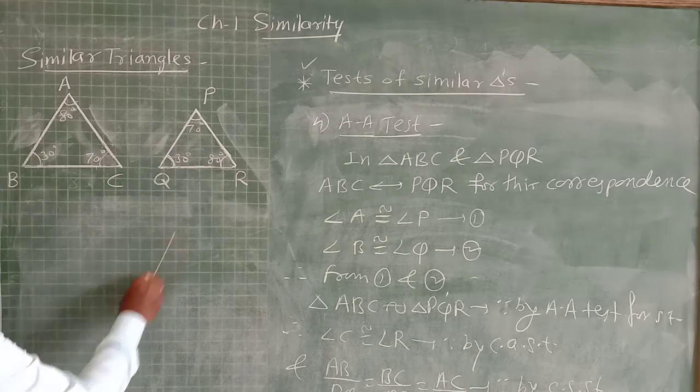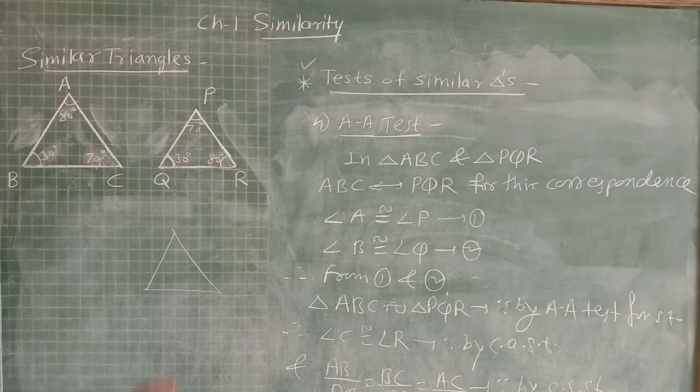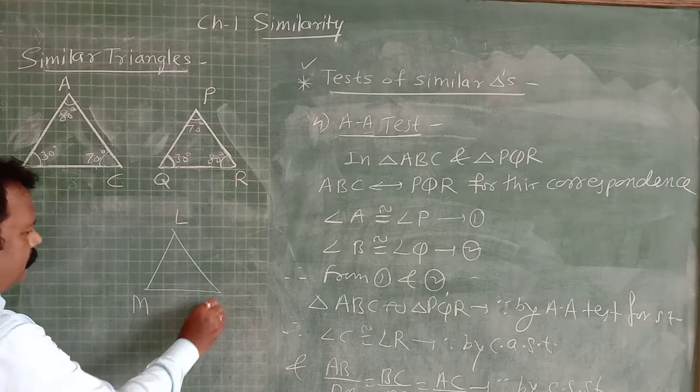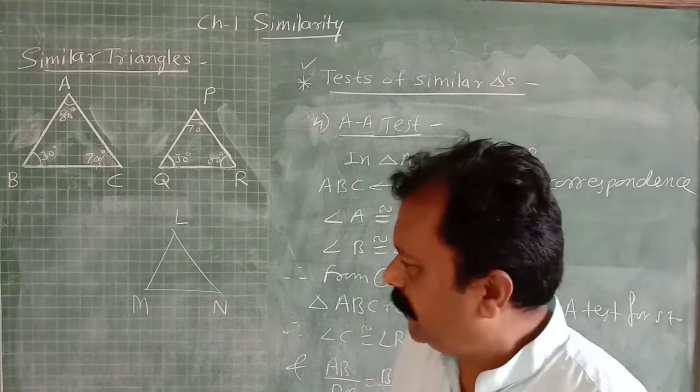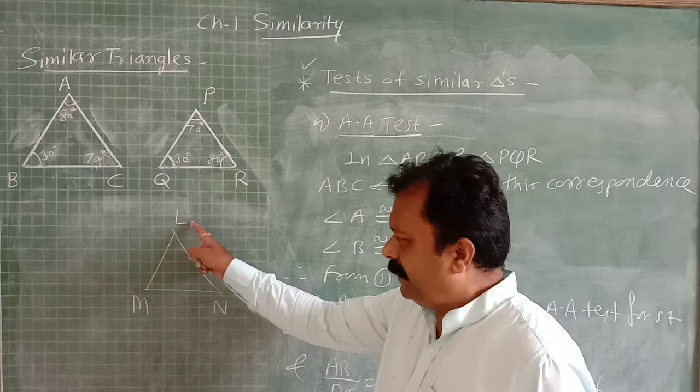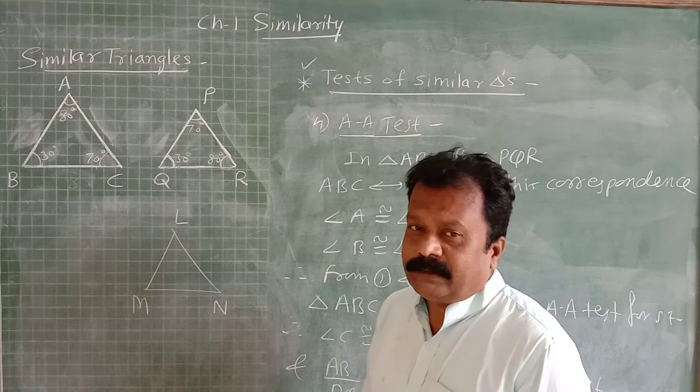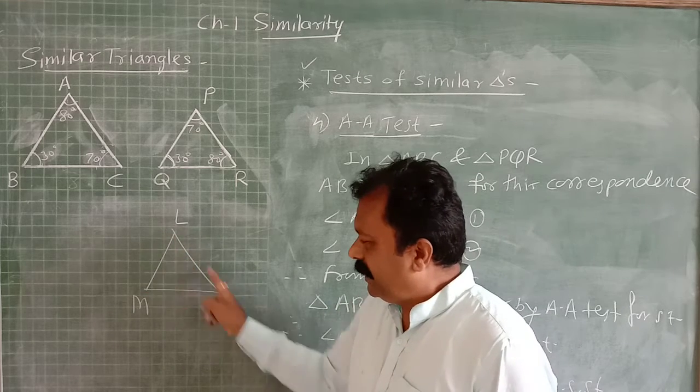Suppose I am drawing one triangle and I ask the student to read the name of the given triangle. The students are reading triangle LMN. No one is reading NML or LNM in other ways.